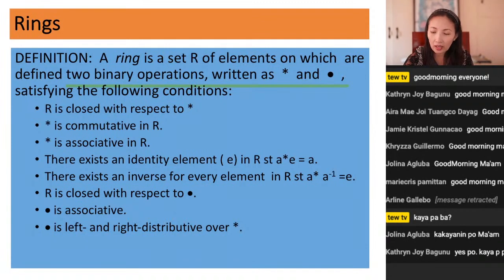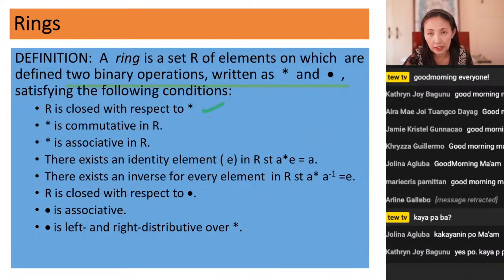The set R is closed with respect to the first operation. Take note that there are two binary operations defined on R. Otherwise, if only one operation is defined on that set, it is automatically not a ring. Okay? So, condition number 1, it should be closed with respect to the first operation.